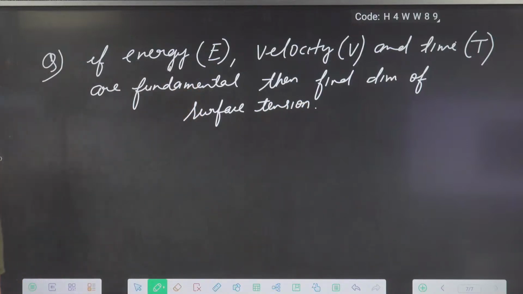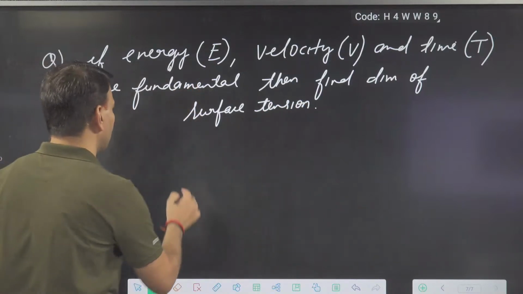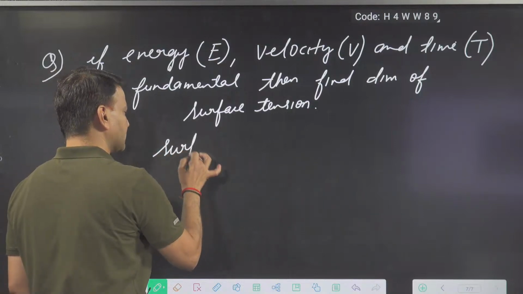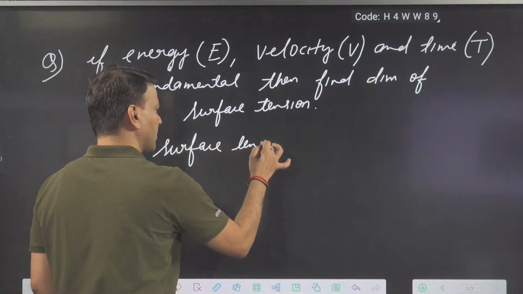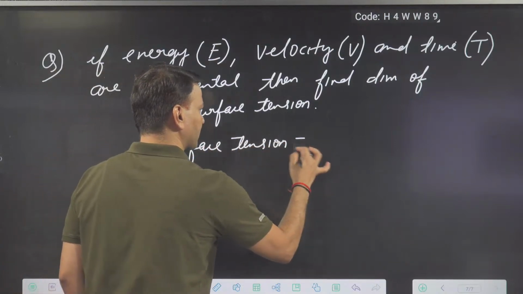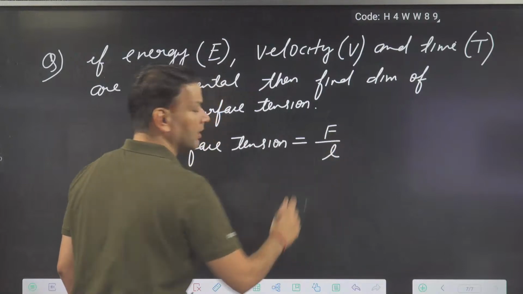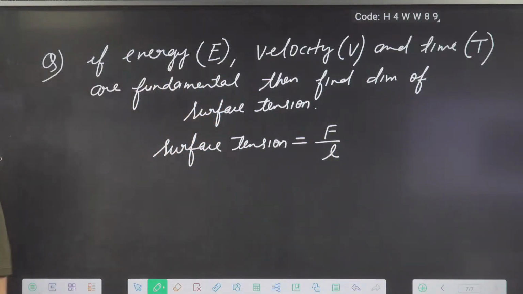Maybe you don't know what surface tension is, so that's why I'm writing the formula. Surface tension is equal to F by L. Using this formula, you have to find the answer. If energy E, velocity V and time T are taken as fundamental, then say what is the dimension of the surface tension. Surface tension formula, what do we have to use? F by L.